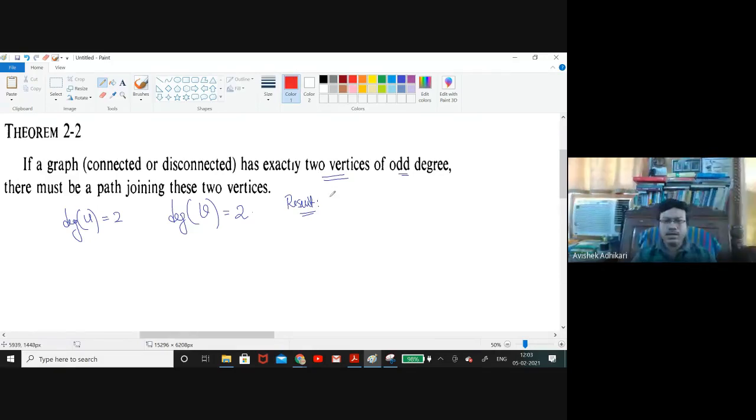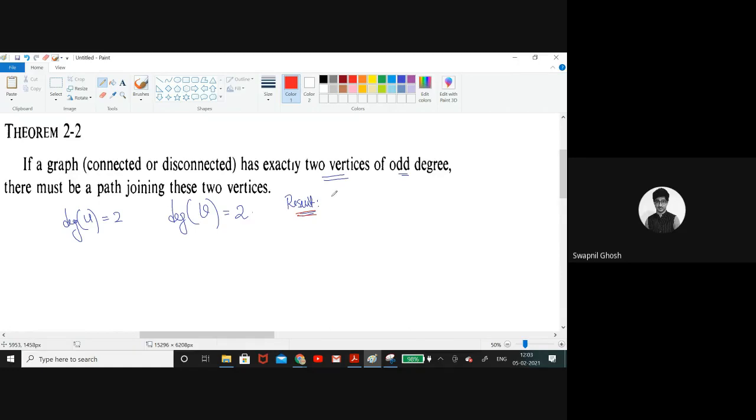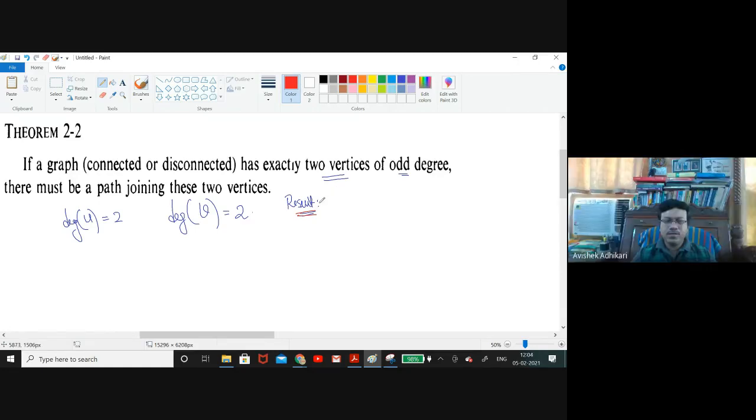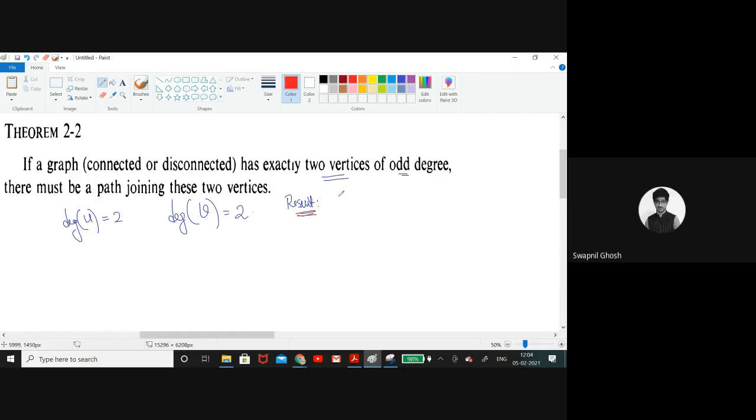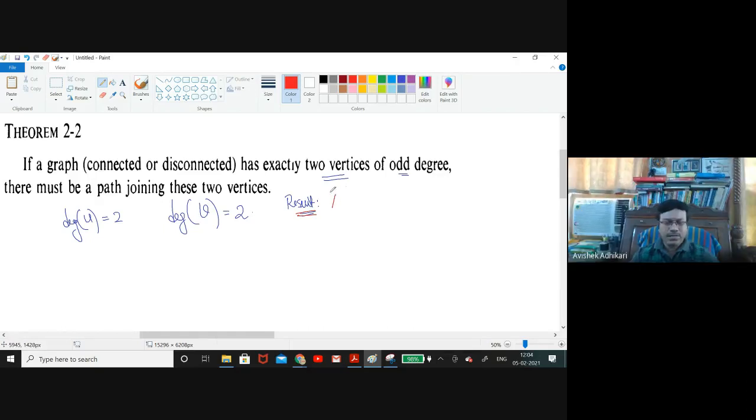It says that in any graph, connected or not, the number of odd degree vertices is even. That means there exist an even number of odd degree vertices.